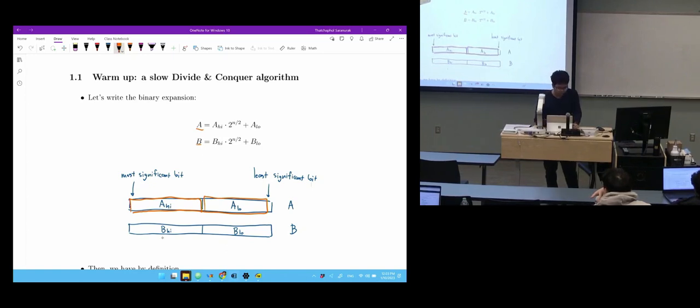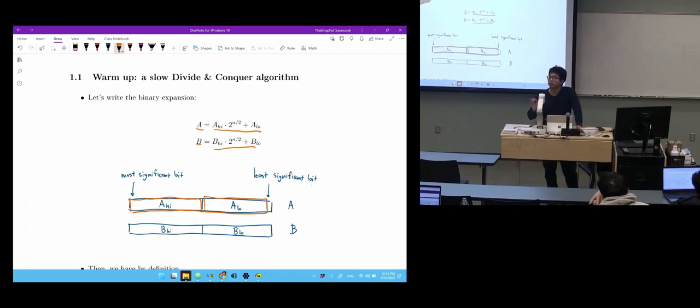We do the same thing for b high and b low. Okay, that's the definition. And once you define a high, a low, b high, b low, a can be written in this way when you write it with a high and a low. Make sense? Do the same for b.